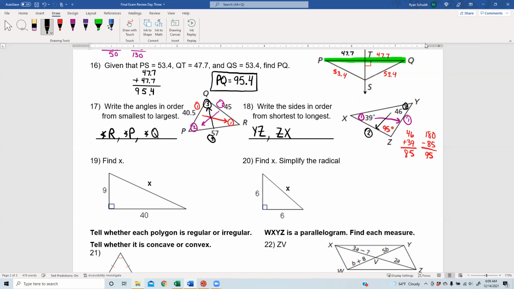And then that leaves me, last but not least, with XY as my largest. It's across from the largest angle, so therefore it's the largest side.